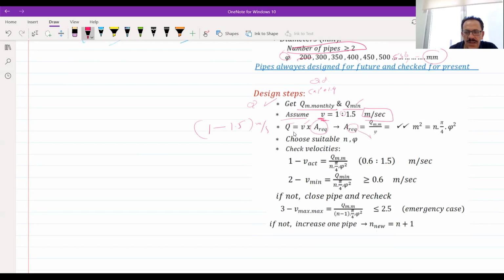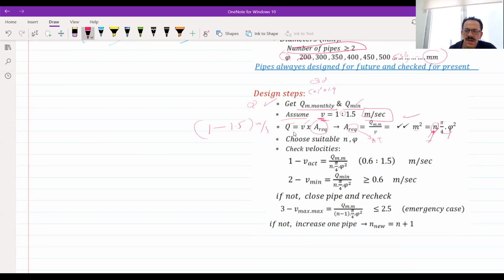This is the total area of all pipes, which means if one of the pipes has diameter D, its area is pi D squared over 4, and then I multiply this by n, and I will have all the pipes together. Now, I will assume an n and a D to check this area.